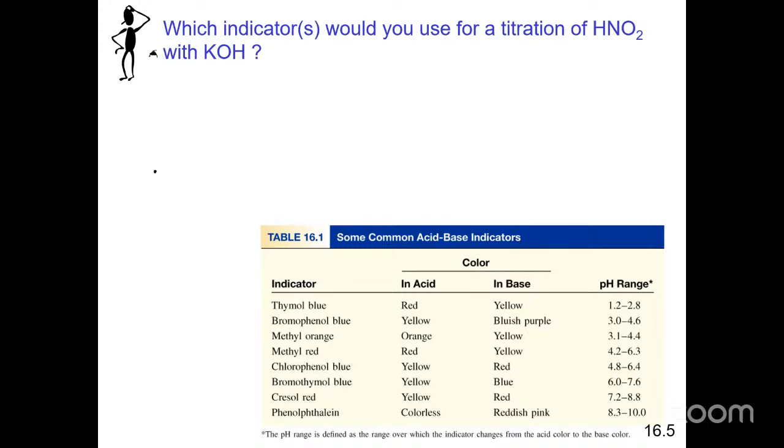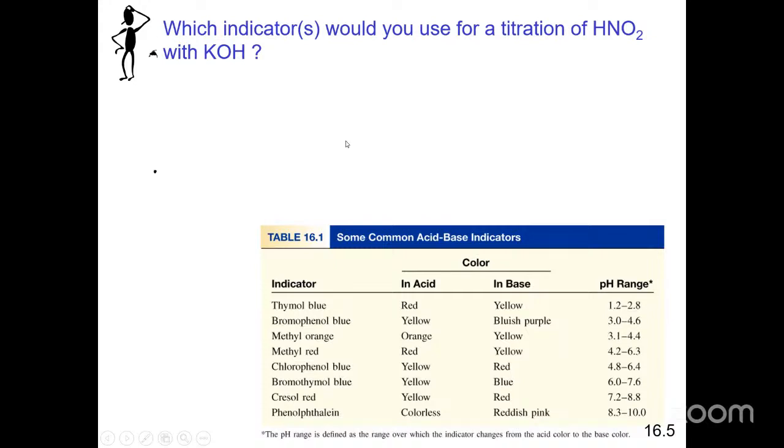Would you expect the pH at the equivalence point to be above 7, below 7, or at 7? Above 7, all right? So you have to choose one of these indicators that would change color within the pH range that is above 7.